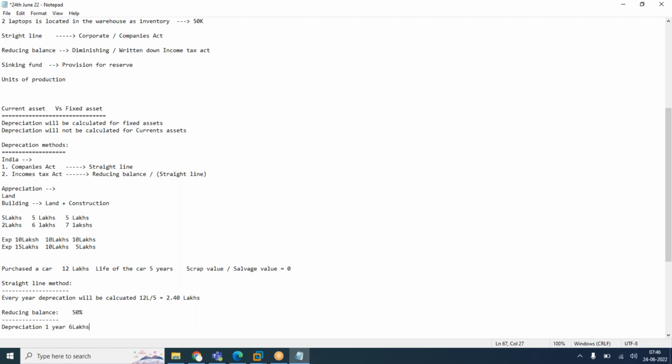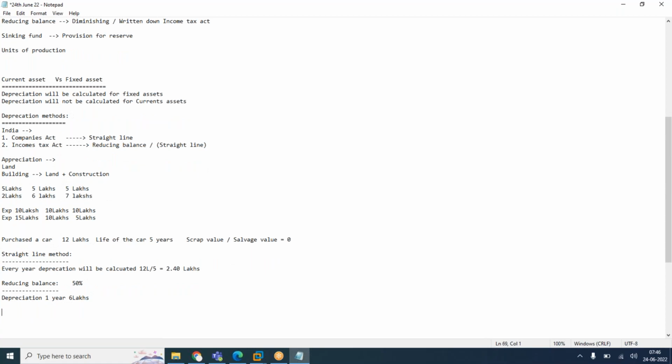Agree? The depreciation you can book means you are putting more expenses in the first year. Whereas here, every year it is 2.4 lakhs only. But whereas here, the first year the depreciation is 6 lakhs. Next year, second year, it will be 3 lakhs.